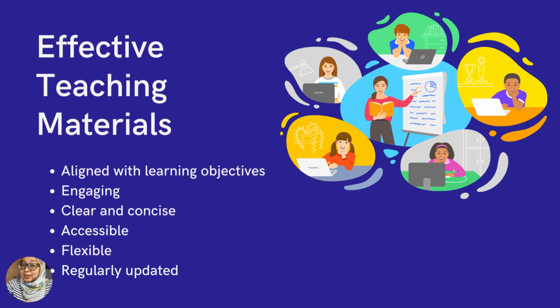They must be accessible, meaning that if we want students to use an online quiz, for instance, make sure that everybody has access to the internet. First of all, you can't have an online quiz when you know that half of the classroom do not have the device to go online.